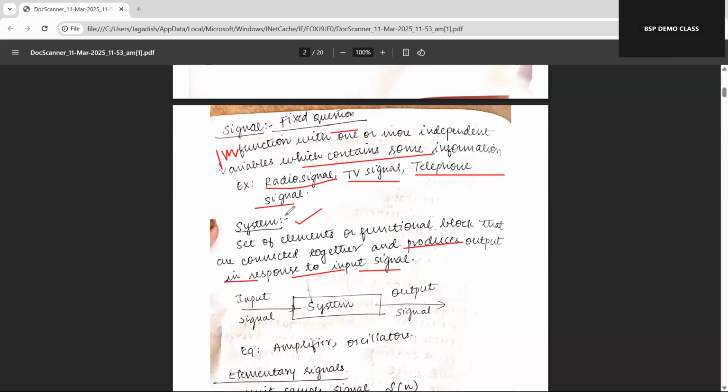You have to learn both definitions. Hope you understood what is signal and what is system. With respect to the input signal and output signal, this is system. Examples for system are amplifier and oscillator.